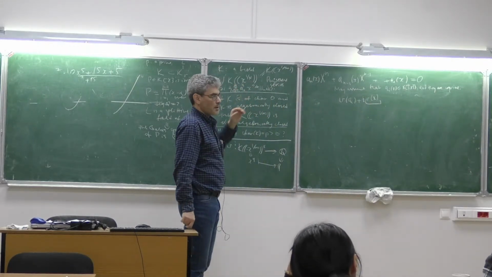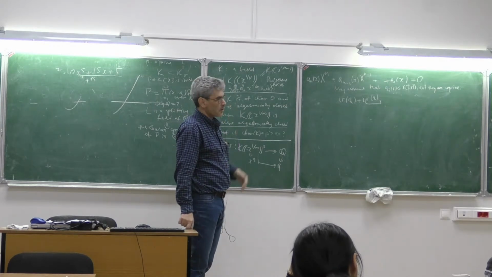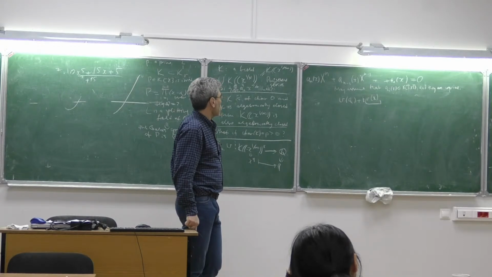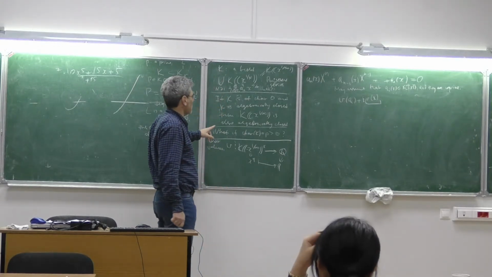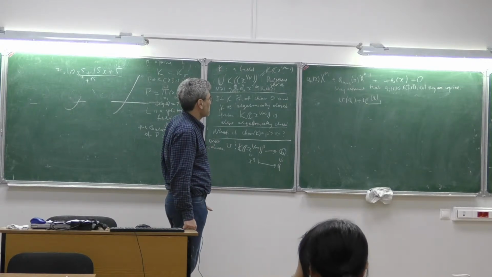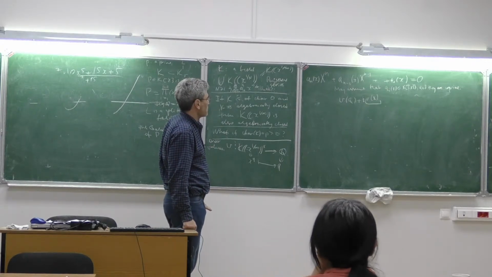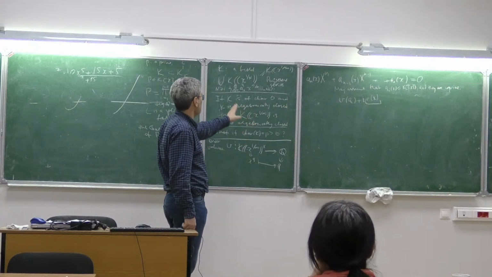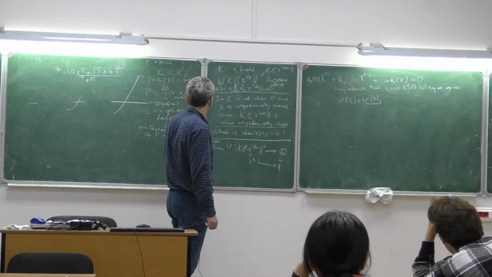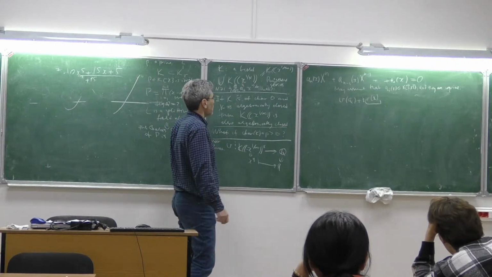Where did the big X come from? We have small x and the bigger X. We are looking for a root of this polynomial.